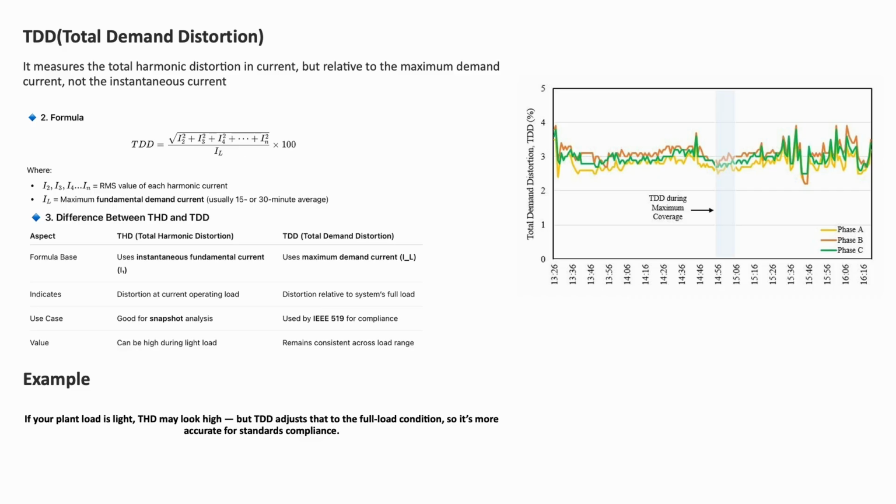For example, during light load conditions, THD may appear high because the denominator, the fundamental current, is small, but the TDD corrects it by comparing harmonics to the full load current. So TDD gives us a more realistic picture of harmonic distortion for compliance and design purposes.